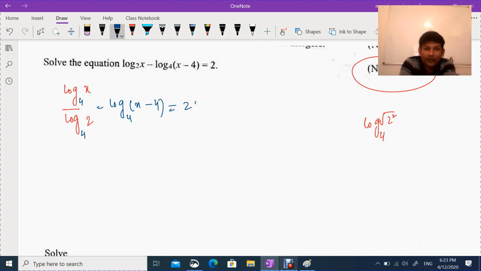Then log base 4 of 4 is the square root of 4, which becomes 1 upon 2. I'm solving all the parts here: log base 4 of x divided by 1 upon 2, and log base 4 of 4 equals 1.